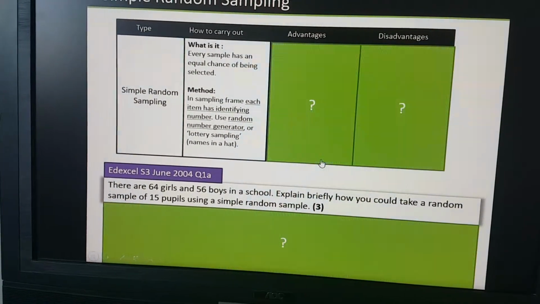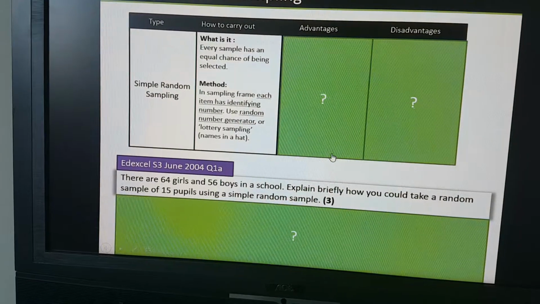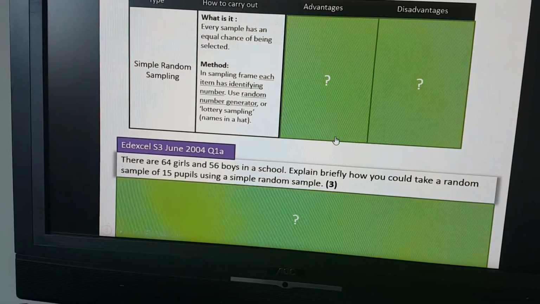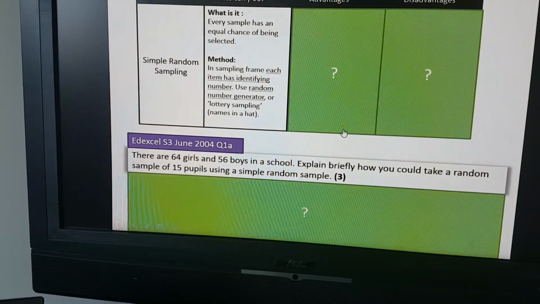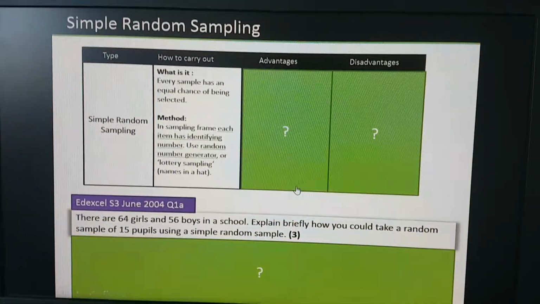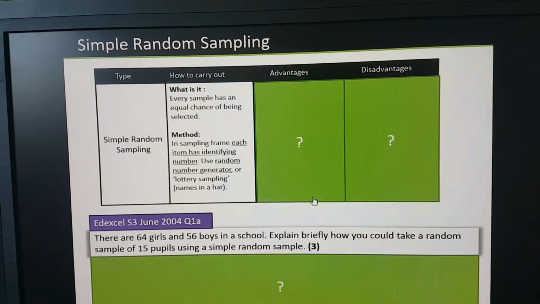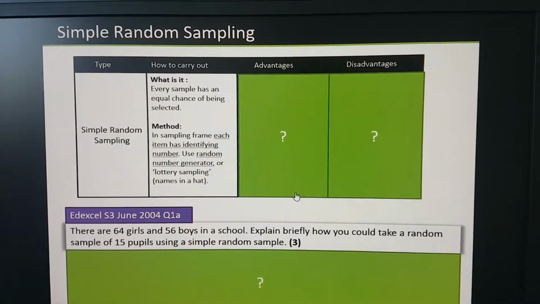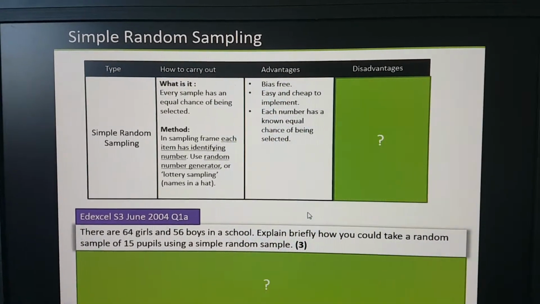So in the sampling frame, each item is identified by a number, and we use a random number generator. I can show you later, if you like, how to pick a random number using a calculator.